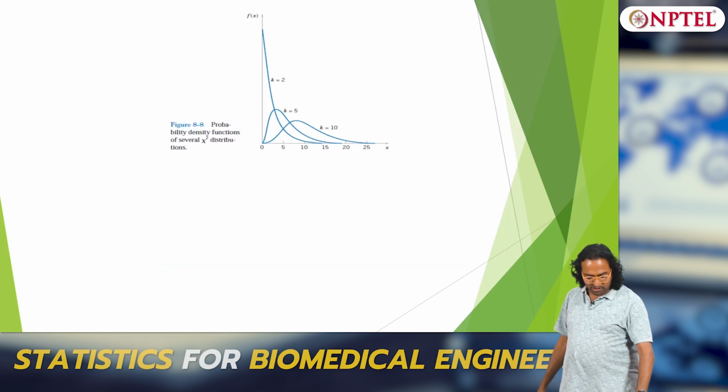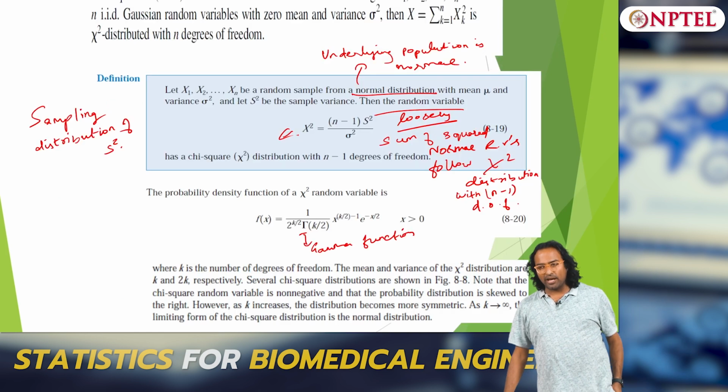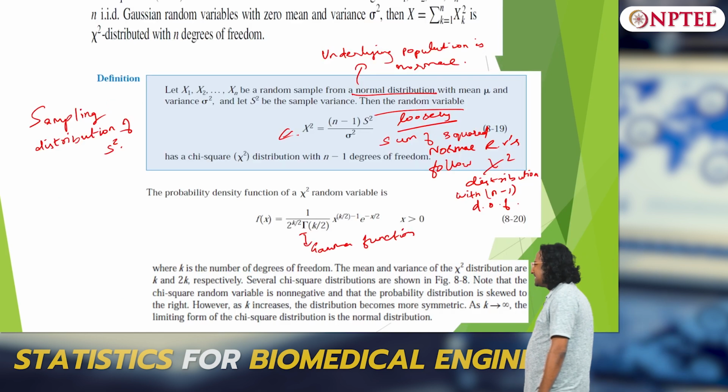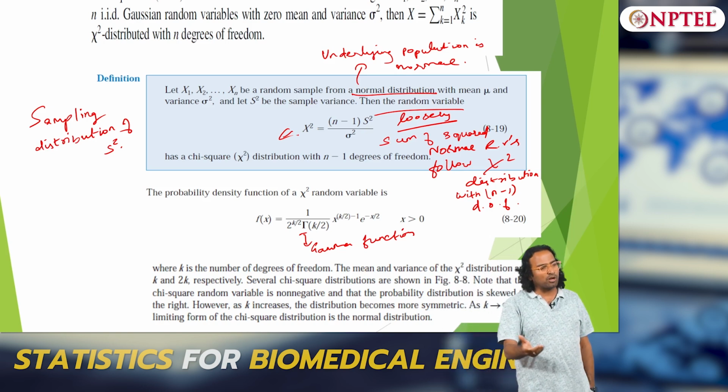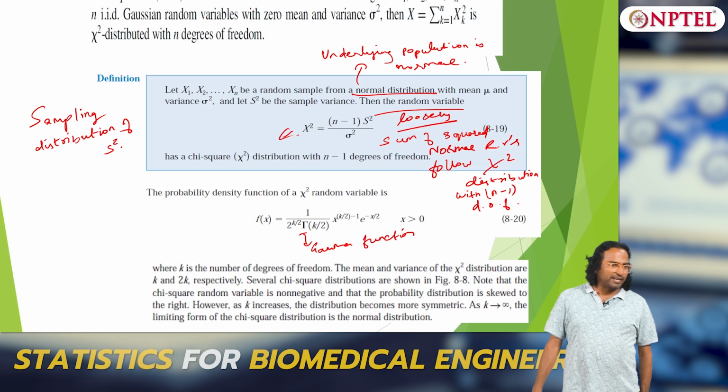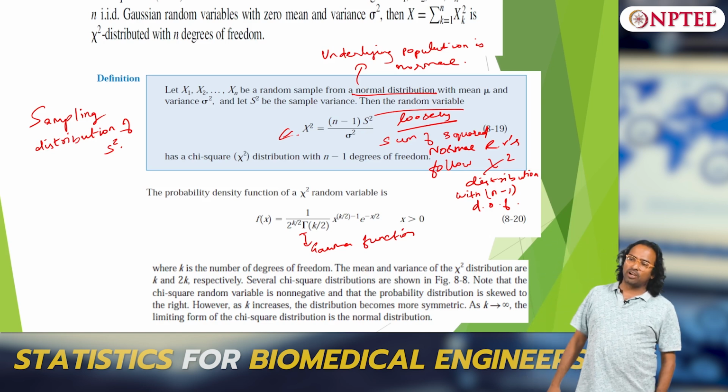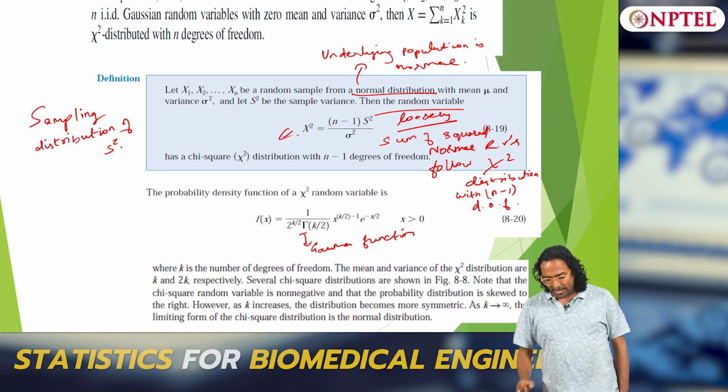So we have chi-square equals n minus 1 times S squared by sigma squared, with n minus 1 degrees of freedom, and again n minus 1 because x bar is already estimated. It is actually a ratio.